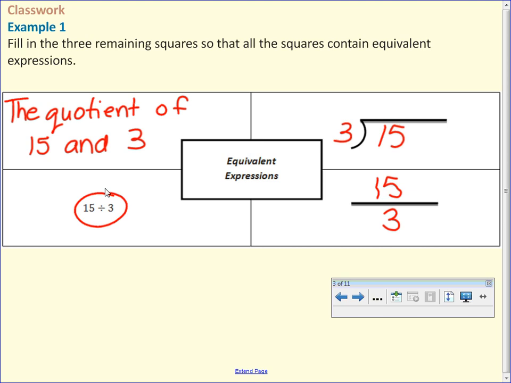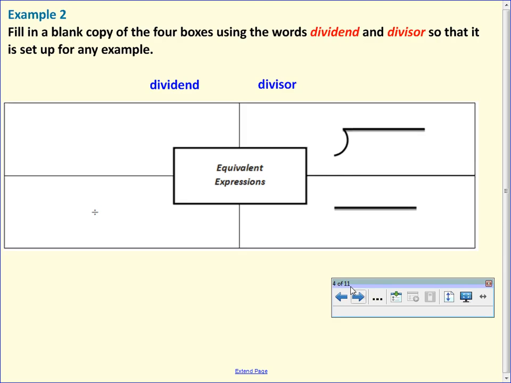So to summarize, let's go ahead and just use the words dividend and divisor. So we know that our dividend goes inside on the end. The divisor goes outside. So when you're outside, it's hot and sunny, you need to wear a visor. Your dividend is your numerator. Your divisor is your denominator. This is exactly what we wrote in our notes on Friday.